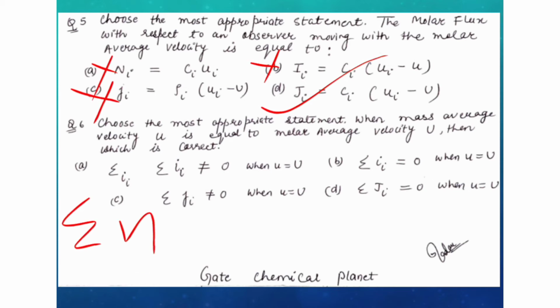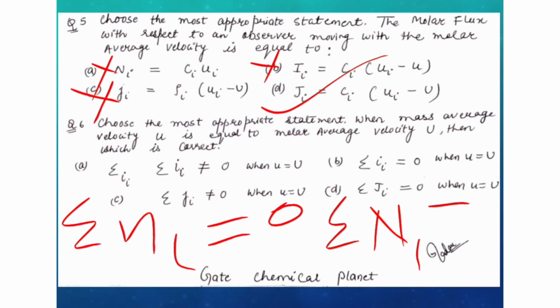Summation Ni equals 0 and summation capital Ni equals 0. Only these two values are equal to 0, and the other values are not equal to 0. So summation Ii not equal to 0 is correct, and also summation Ji not equal to 0 is correct for this question.